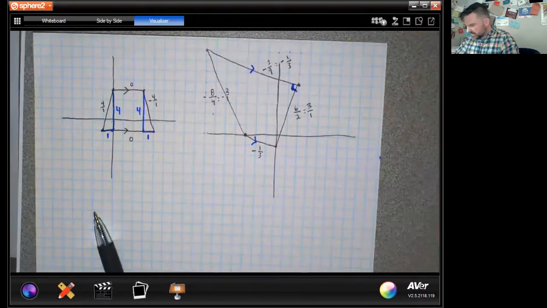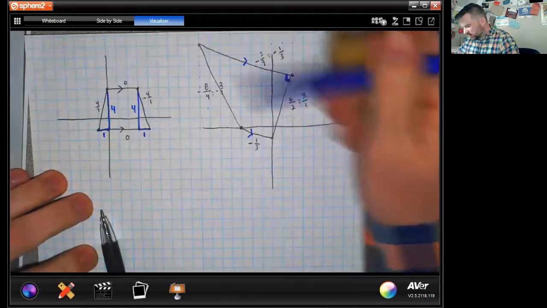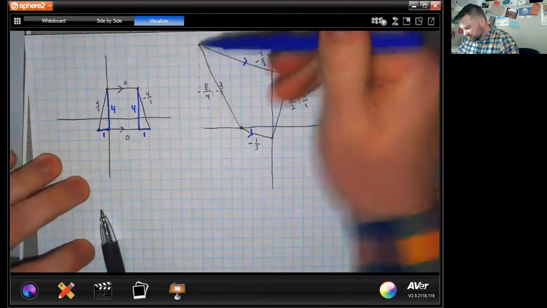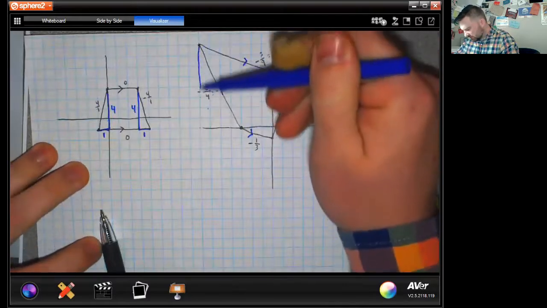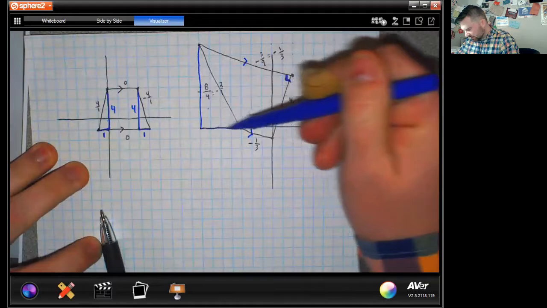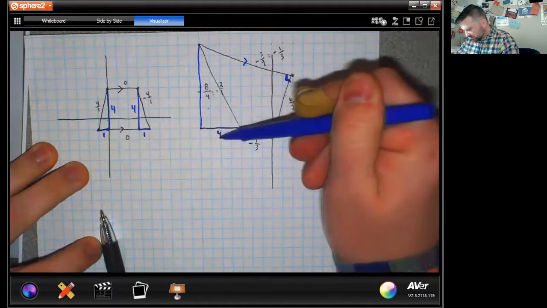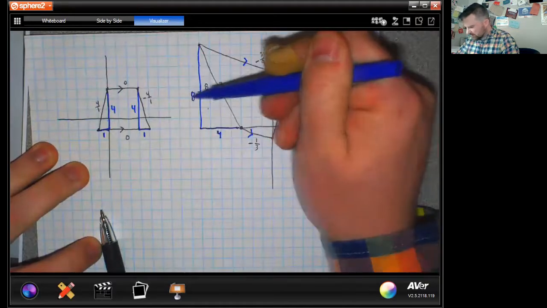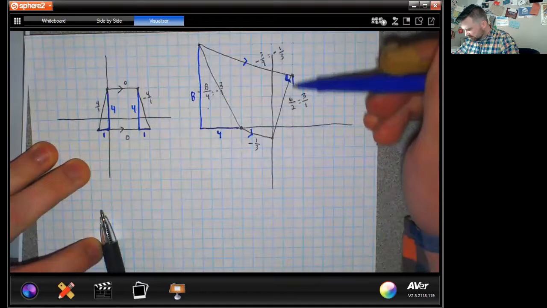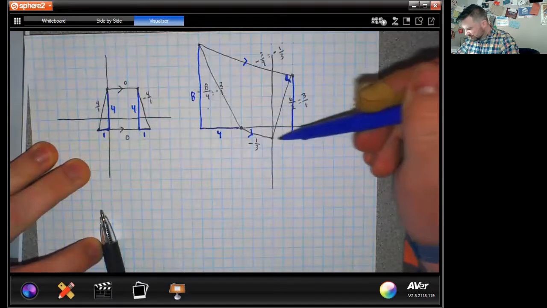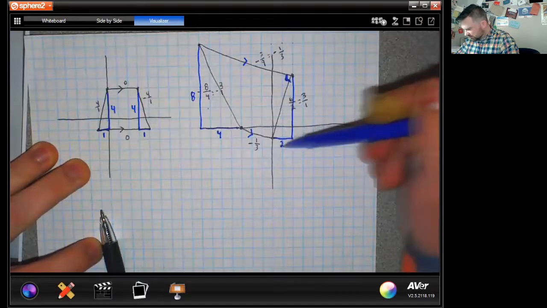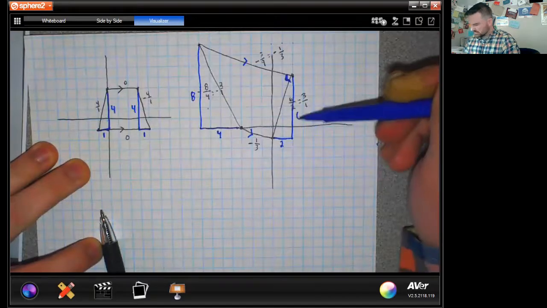And here, again, like before, we can find the length of this. If I make this triangle here, this right triangle, this side is 4 and this side is 8. Then if I make this triangle over here, this side is 2 and this side is 6.